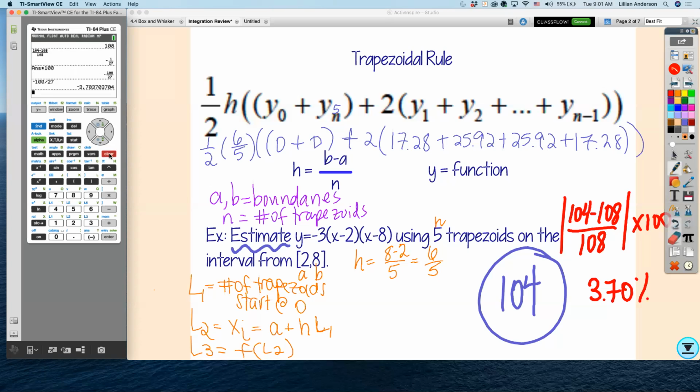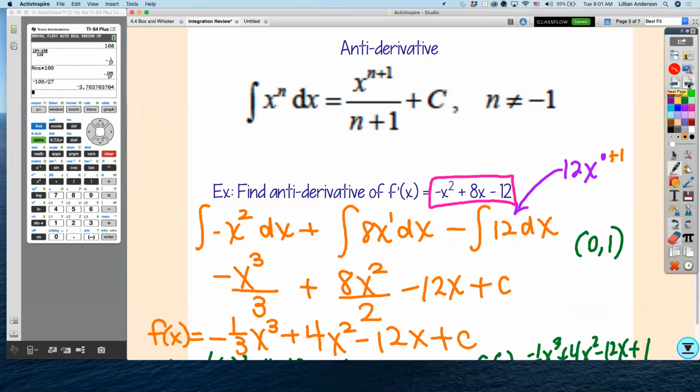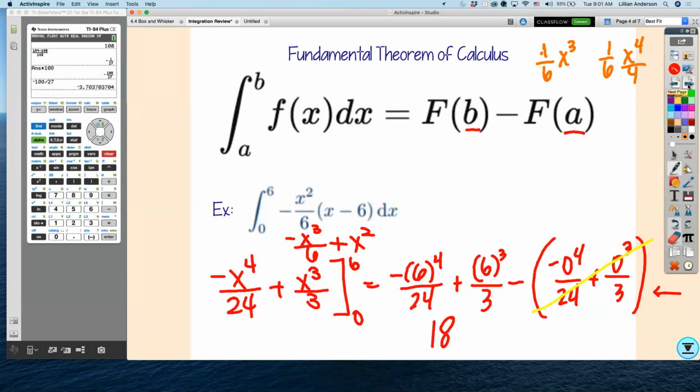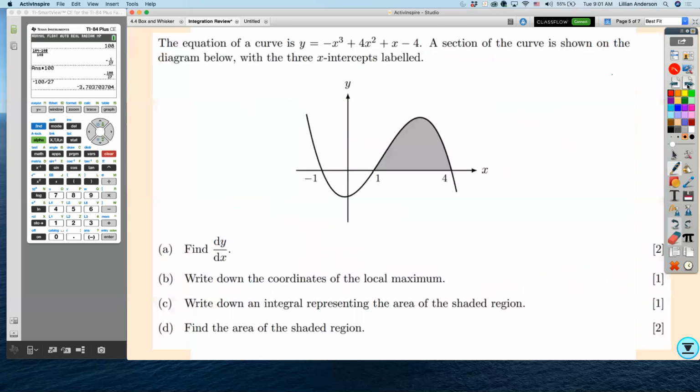I figure I'll use that time to review another older concept I don't think I've talked about in our reviews, but that can still be a question that's asked of you in your prior knowledge. It's essentially integration, the trapezoidal rule with your estimates, antiderivatives, and how you use them with the fundamental theorem of calculus, which is how you find your exact area between the curve and the x-axis.